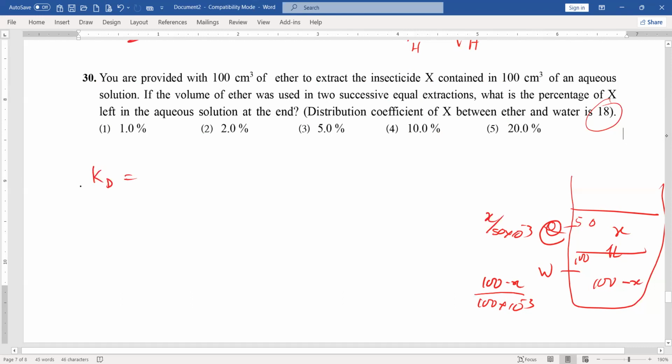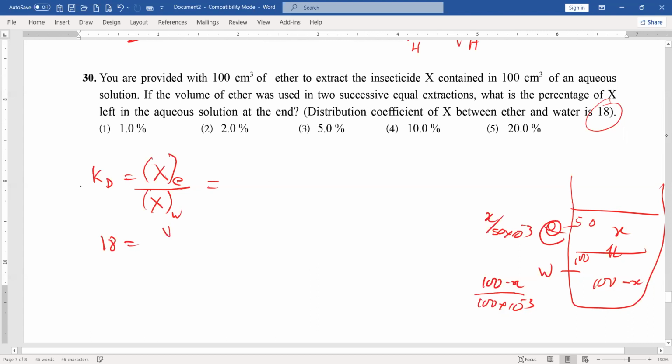KD is equal to the concentration of insecticide X in the ether layer over the concentration of X in the water layer. KD is given as 18.